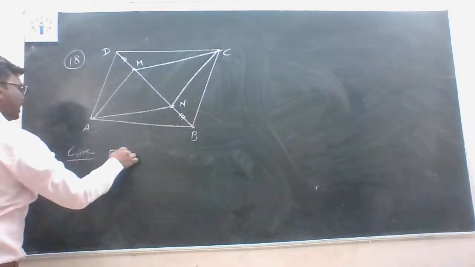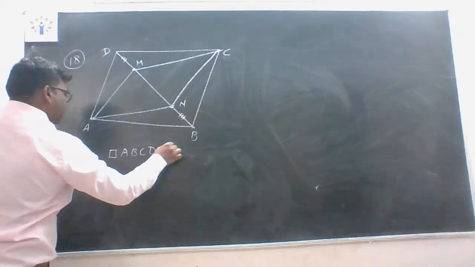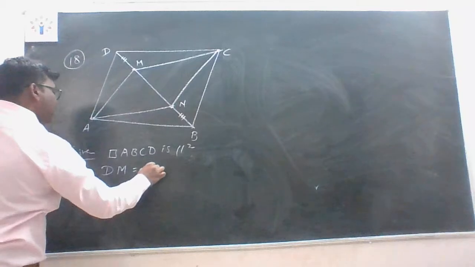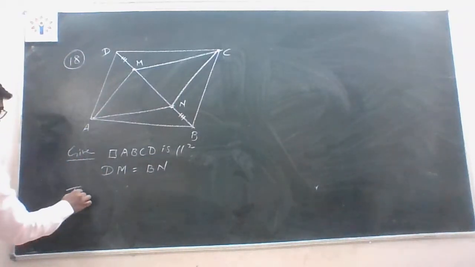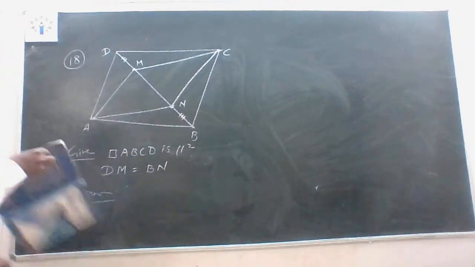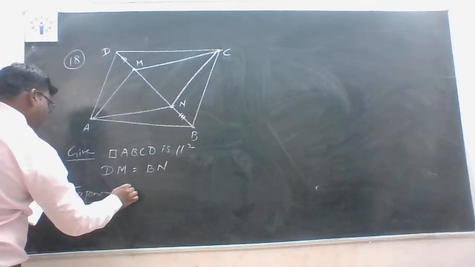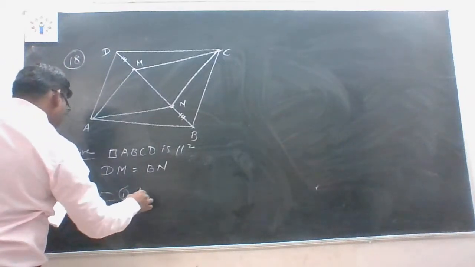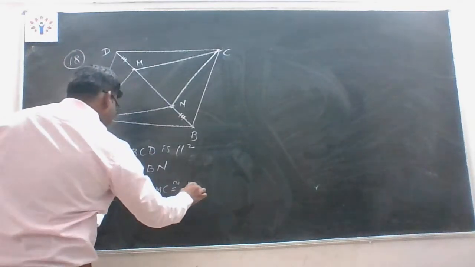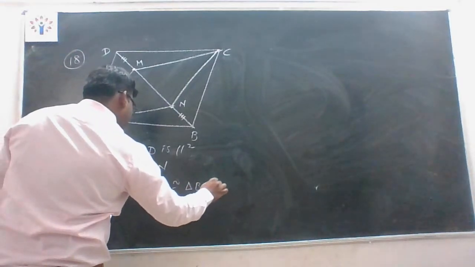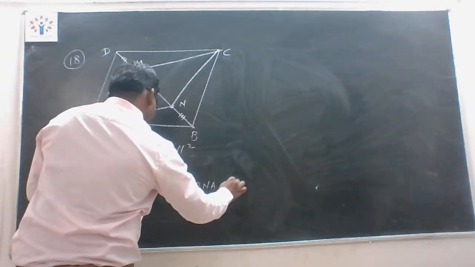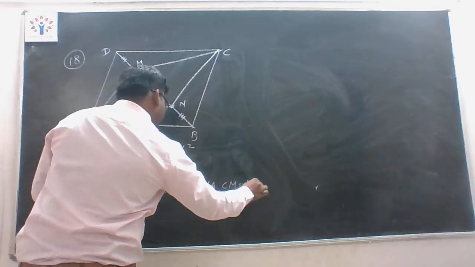Given: quadrilateral ABCD is a parallelogram. In this, DM is equal to BN. To prove, what do we need to prove here? The first thing that we want to prove is triangle DMC congruent to triangle BNA, so we want to show CM is equal to AN.